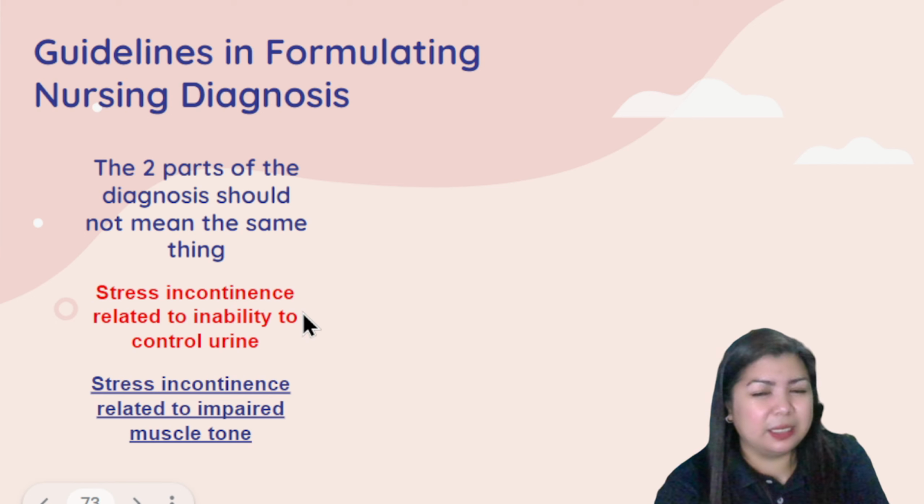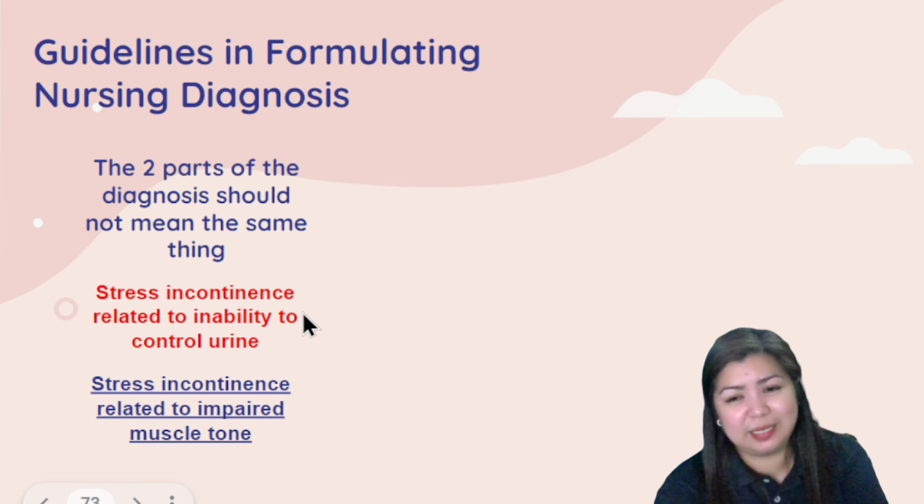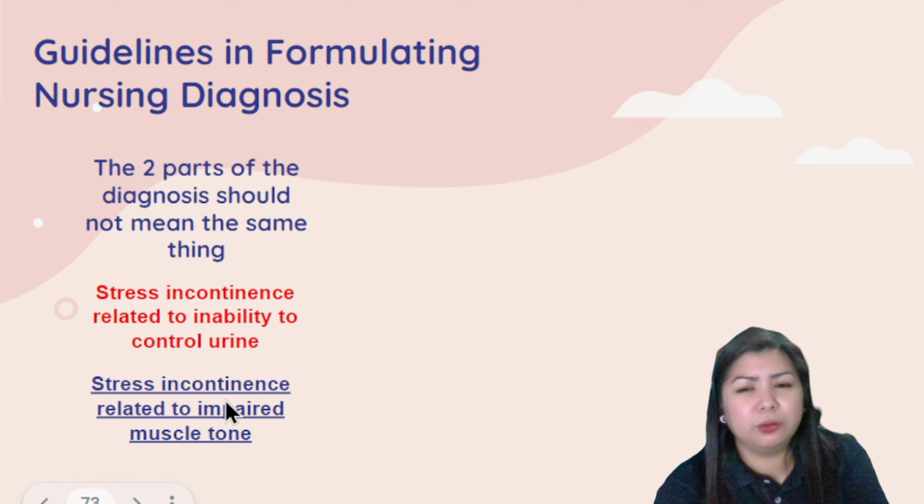It means the inability to control urine. So that is why you write what could be the possible cause why there is stress incontinence. It could be because there is already loss of muscle tone on the urinary sphincter. That's why when the client felt any urge to urinate, they just urinate and they can no longer control the act of urination.